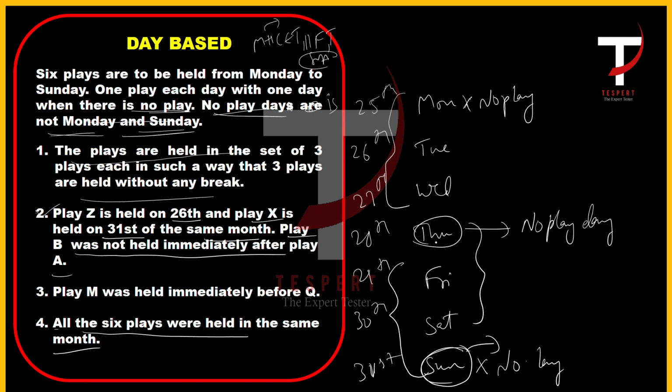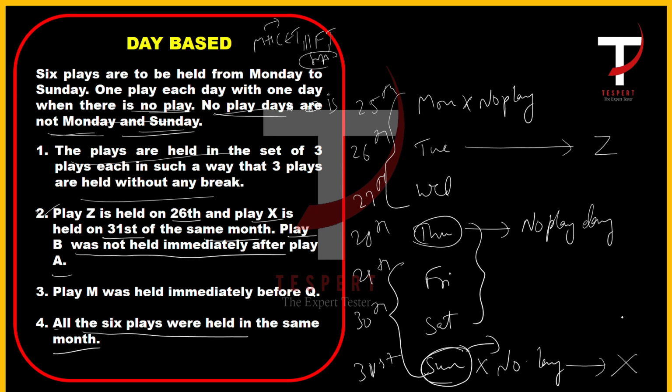Okay. Statement 2 says play Z is held on 26th, right? Play Z is held on 26th. And play X is held on 31st.